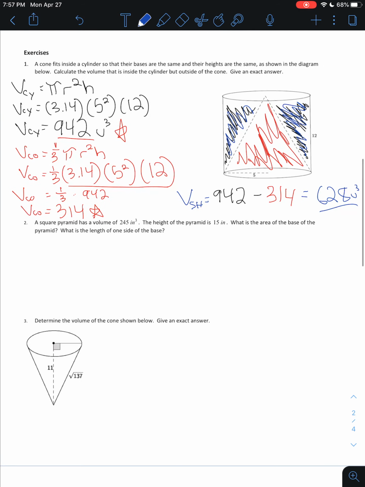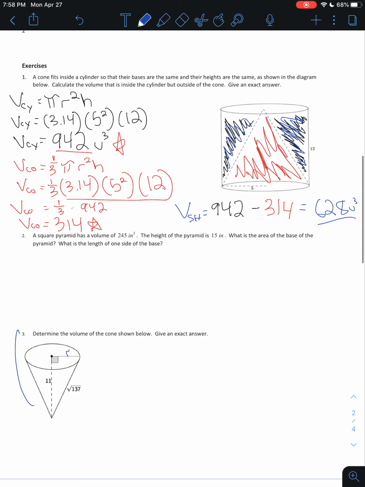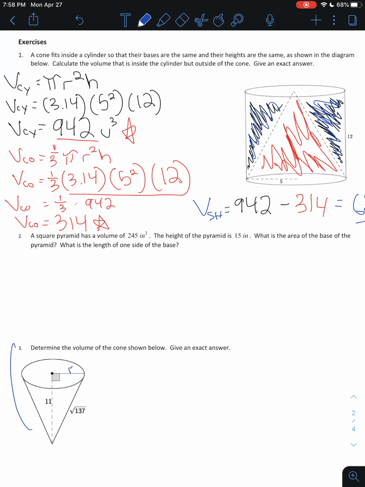I'm not going to actually do these problems. I don't want to make this video too long for you guys. But just to take a quick look, for this problem over here, all you would have to do is find the radius using the Pythagorean theorem. Once you do that, you would be able to just use the volume formula for a cone. And this problem here, number 2, is really just a reverse problem.